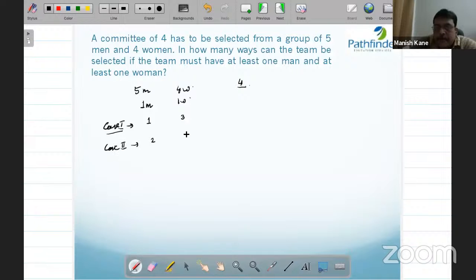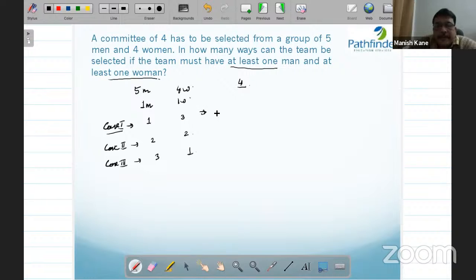I could have two men, in which case I will have two women also, because a committee of 4 has to be selected, and out of 4, at least one has to be a man and one has to be a woman. Case 3, I could have 3 men and 1 woman. Can I have a case where there are 4 men and 0 women? The answer is no, because at least one man and at least one woman have to be there.